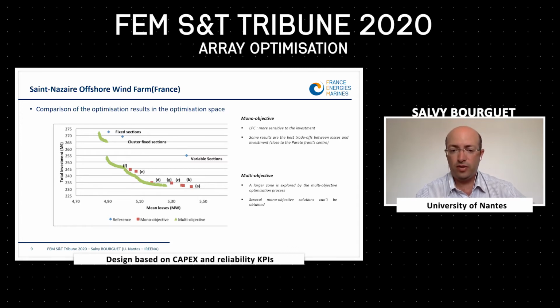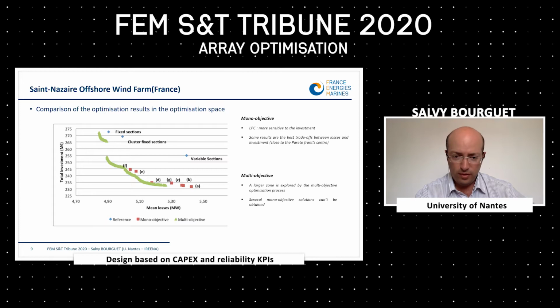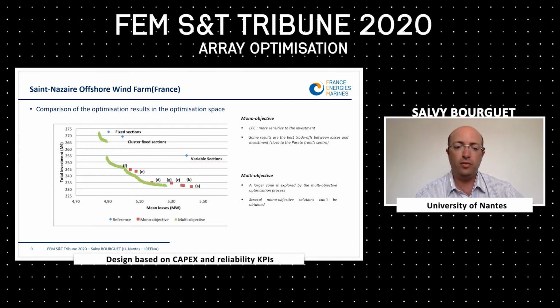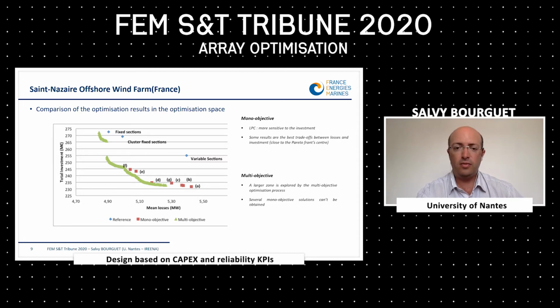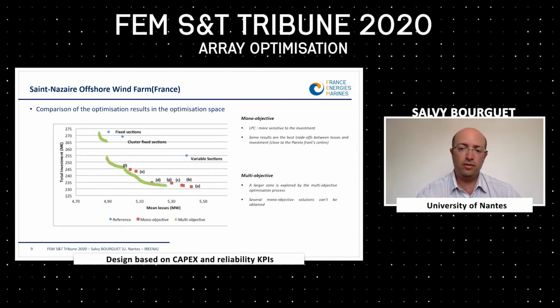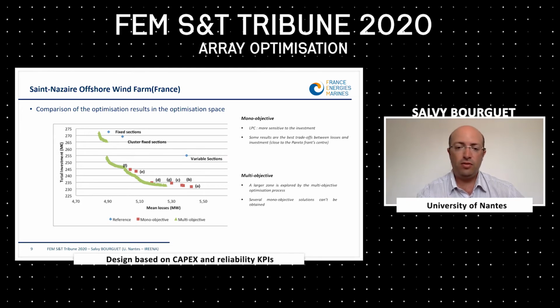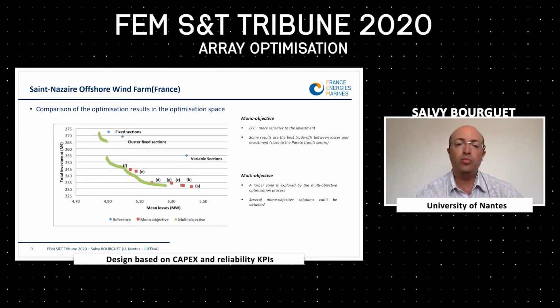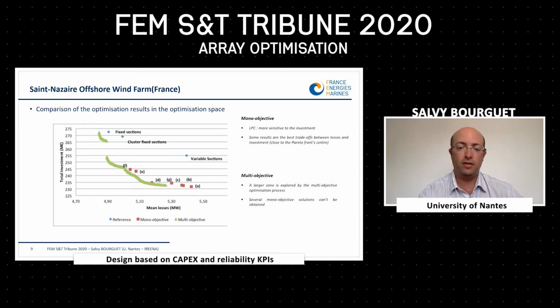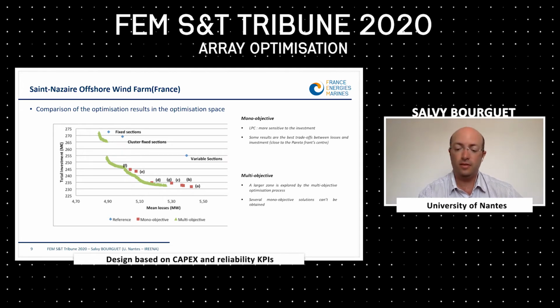And the last part is the red triangles. It's the Pareto front obtained with a multi-objective calculation, and it lets us explore a larger zone with this optimization process as usual. And we can also see that several configurations can be discussed thanks to this optimization tool.